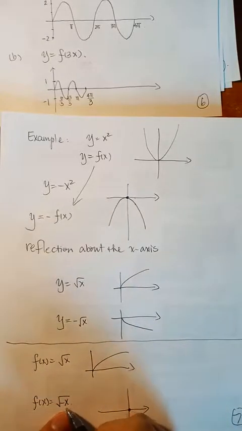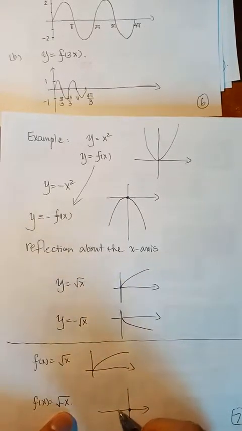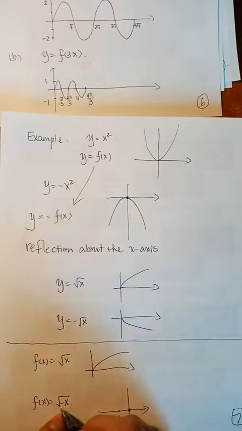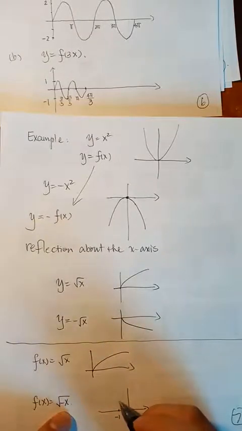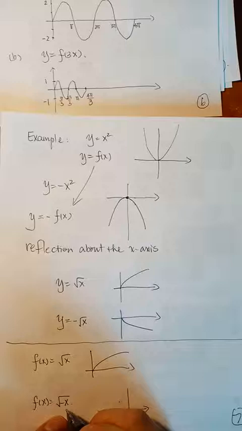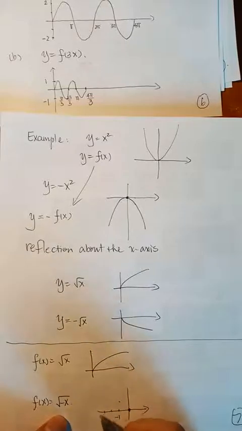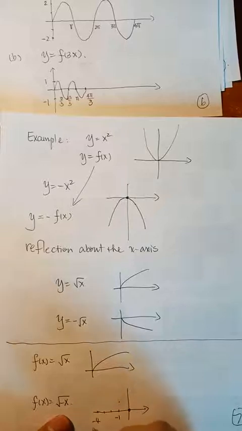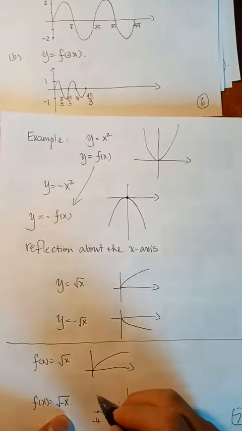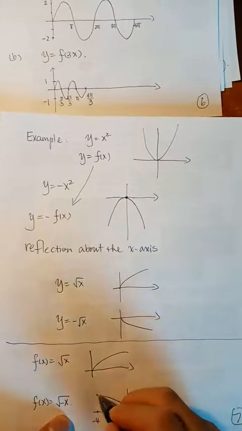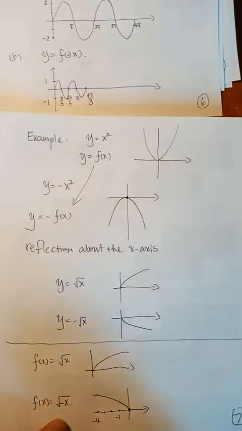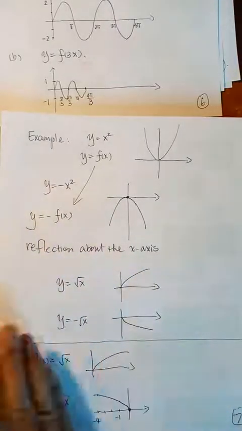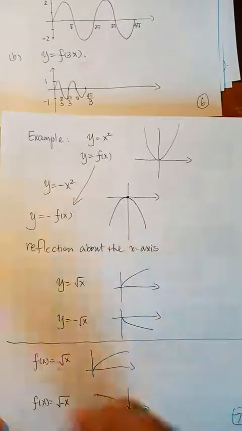You have to choose x equal to negative 1. x is negative 1, negative x is positive 1, so square root of positive 1 is 1. x is negative 4, negative x is positive 4, square root of positive 4 is 2. So it's like this. So when you put a negative sign in front of x directly, you kind of flip or reflect this graph about the y-axis.